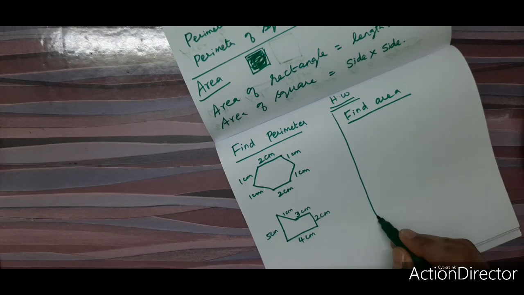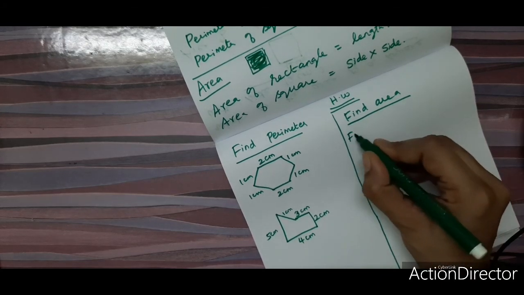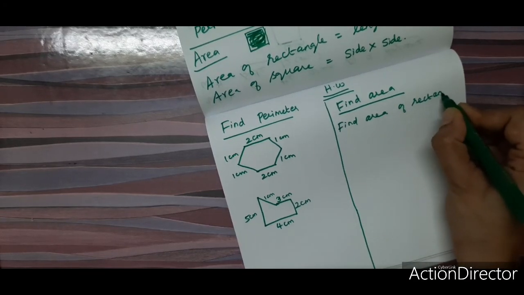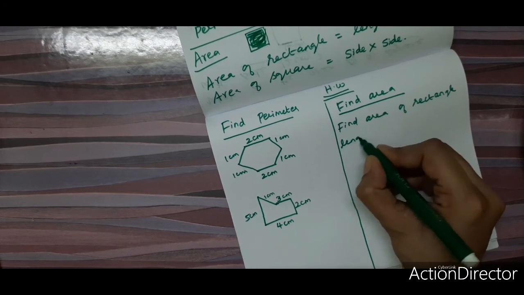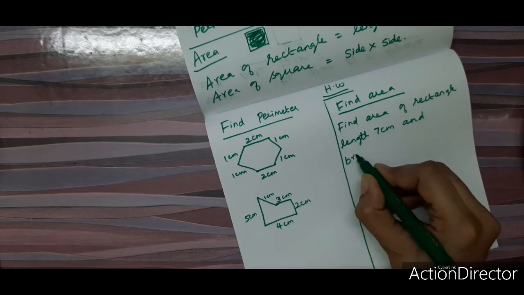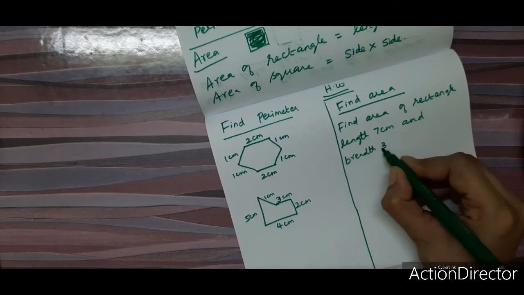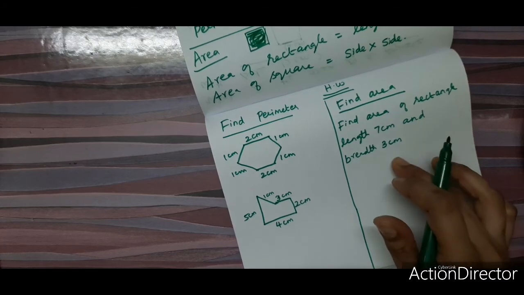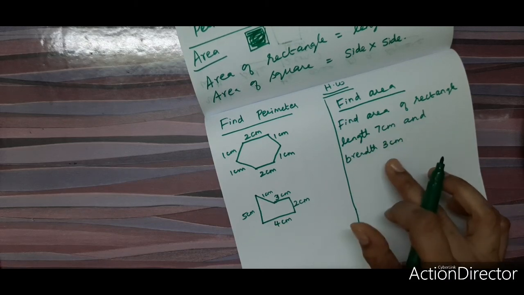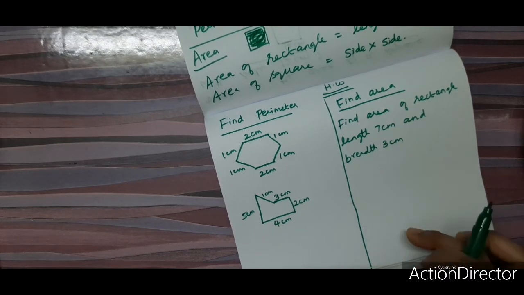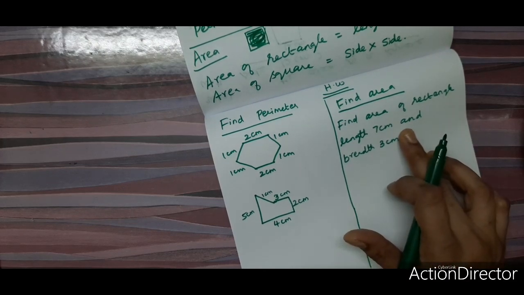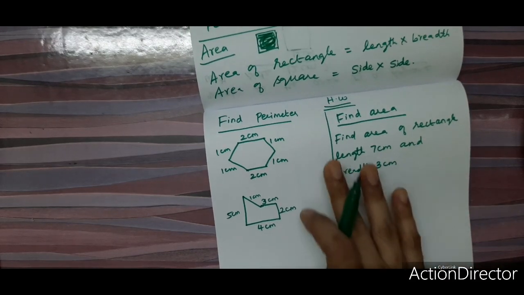Here, find the area of a rectangle of length 7 centimeter and breadth 3 centimeter. So draw a rectangle, mark the length and breadth, write the formula and do the sum. What is the formula for the area of a rectangle? Length into breadth. Children, please do the sums.